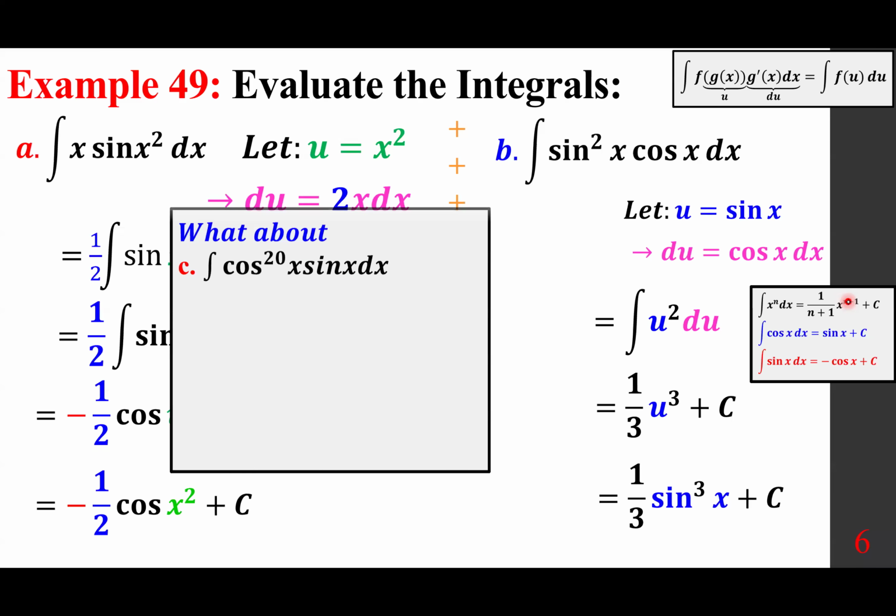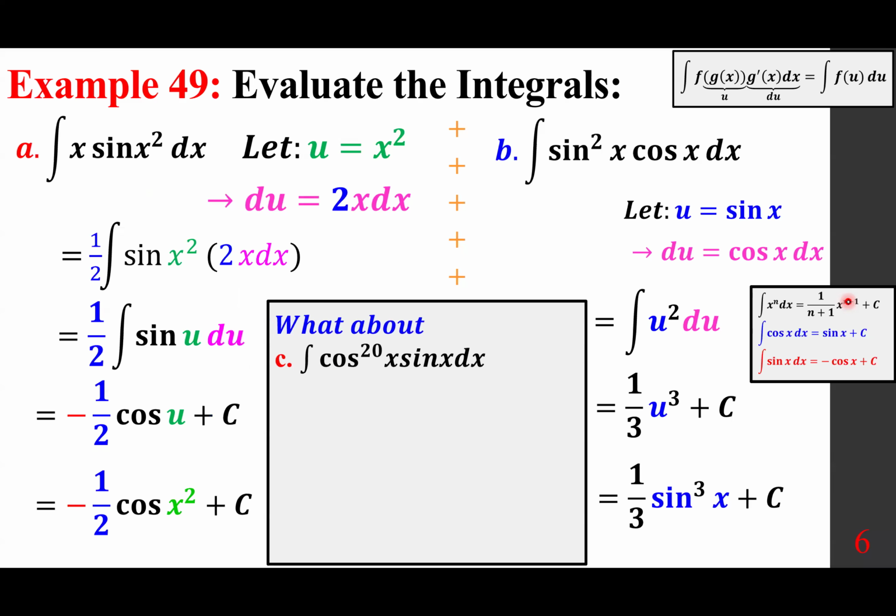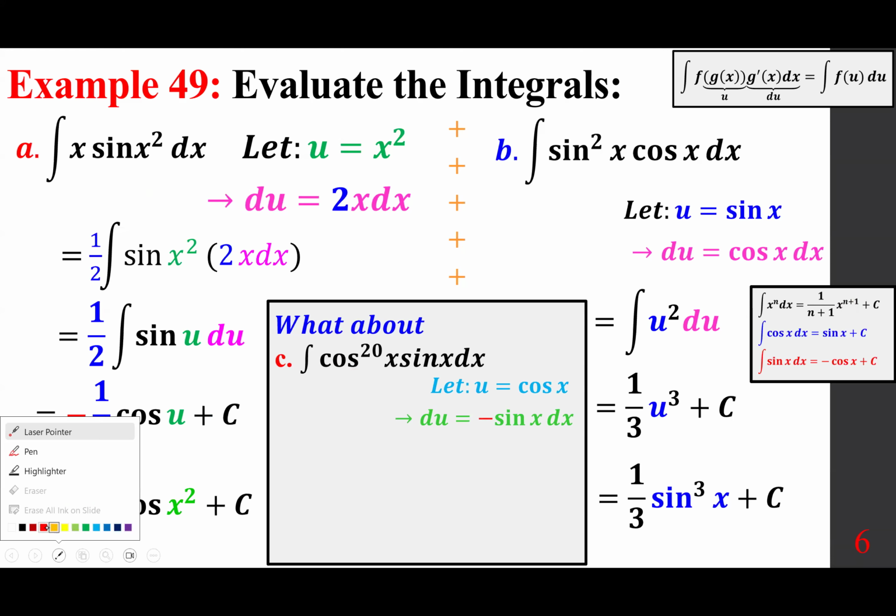So what if cosine has the exponent? So the integral of cosine to the power of 20 x sine x dx, then cosine is a choice of u. And that means the derivative is negative sine x, which makes the du negative sine x dx. Now, this piece is missing a negative sign, otherwise it would be okay.